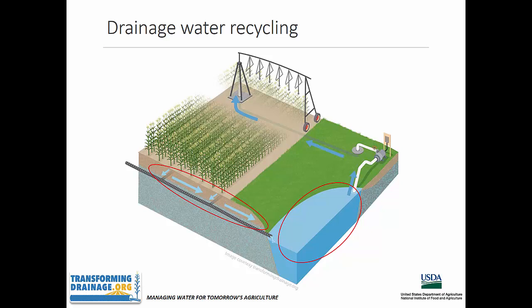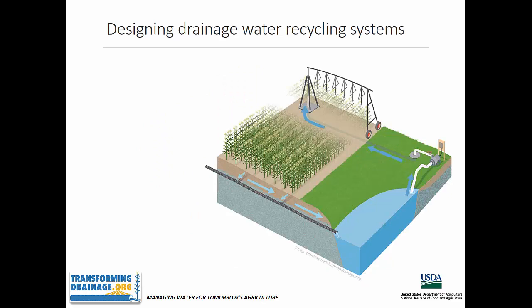Now, when water becomes limited in the field, water from the on-farm water storage is withdrawn and applied to the field in the form of irrigation. This practice helps to limit the leakiness of tile drain systems while also providing a crop production benefit and serving as a source of water for supplemental irrigation.